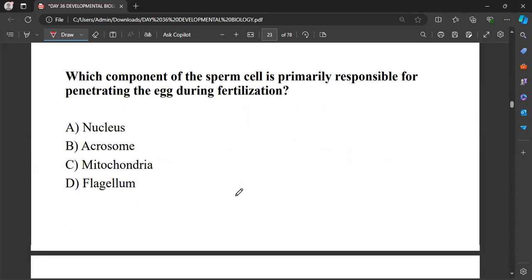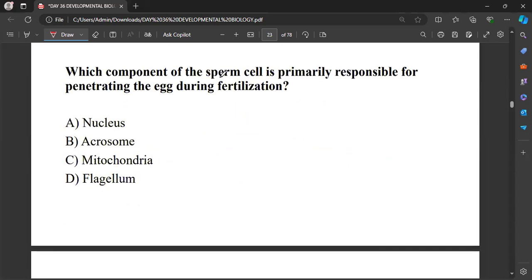Which component of the sperm cell is primarily responsible for penetrating the egg during fertilization? Does the sperm have DNA or not?